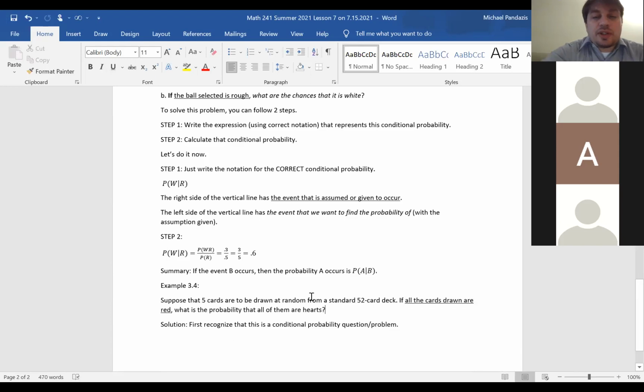Keep in mind that in English, you can rearrange the order of a sentence and it means the same thing. For instance, instead of writing the sentence, if all the cards drawn are red, what is the probability that all of them are hearts, I could have written, what is the probability that all of the cards are hearts if all the cards drawn are red. Rearranging the order of the substatements in the sentence does not change its meaning.